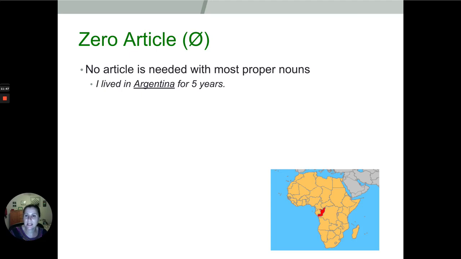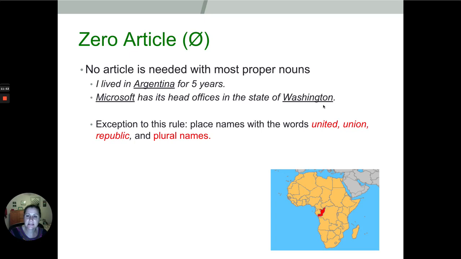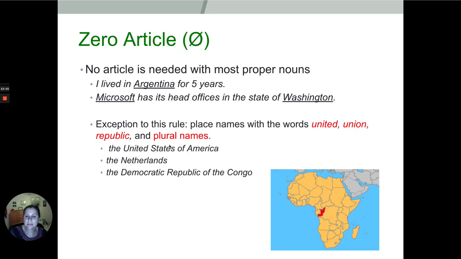You don't need any article. Or like some companies, states. But when place names have the word united or union or republic or plural names, we often add the. Like here we have united, so we're going to use the United States of America.